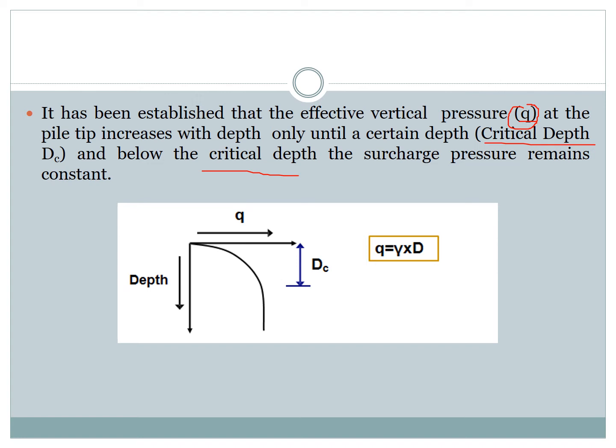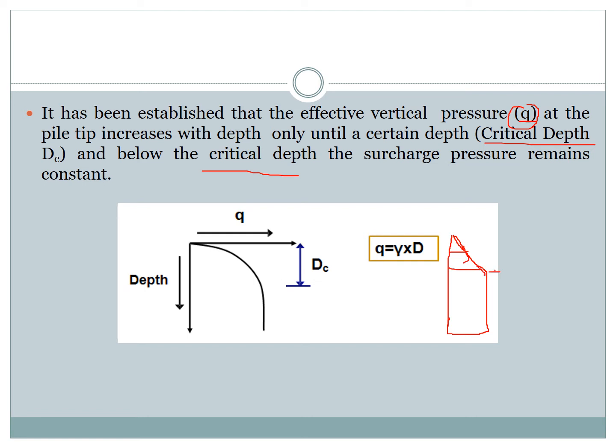If I draw the pressure diagram, it should be like that. Surcharge pressure or effective vertical pressure increases with the depth up to a certain depth. After that depth, the surcharge pressure remains constant. That depth is the critical depth. So the pressure diagram should be like that.